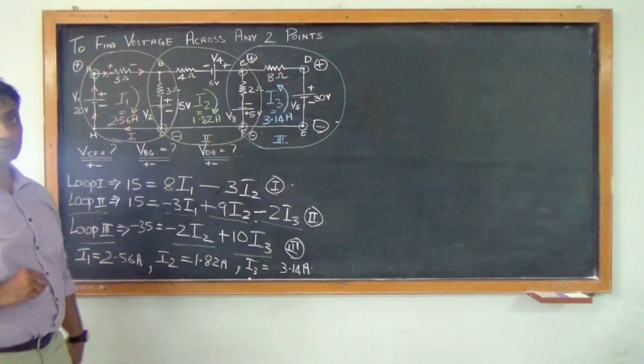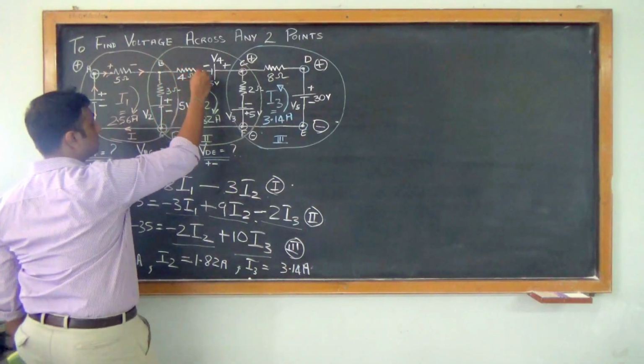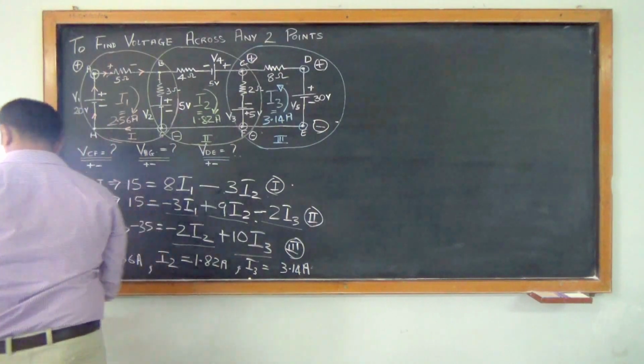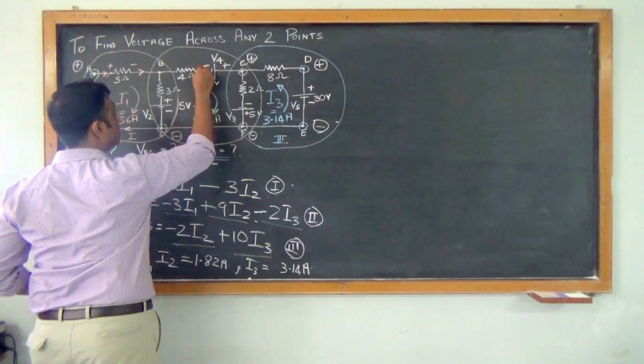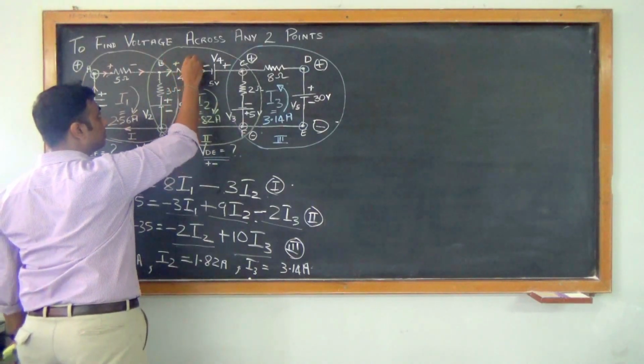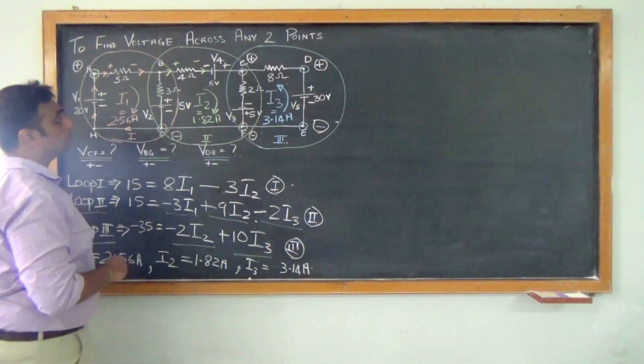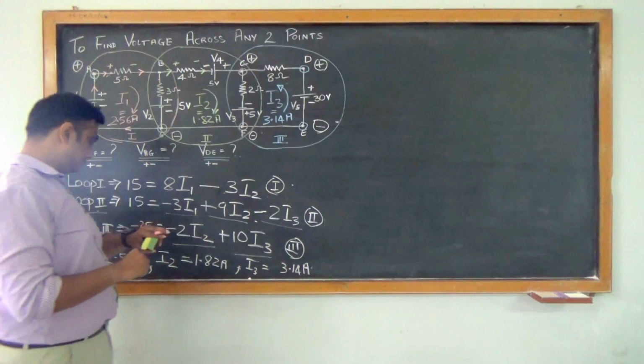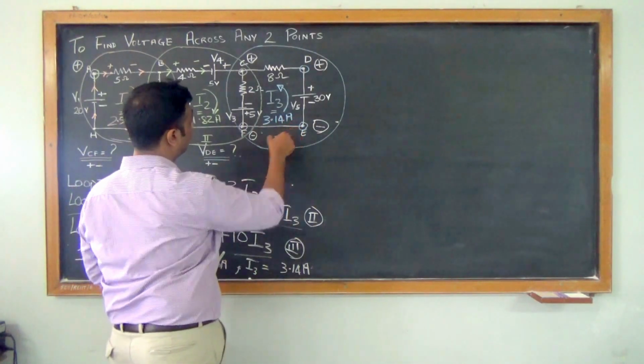Then in I2, the first terminal it touches, take a green chalk, becomes positive and the second terminal it touches becomes negative. In the same way for loop 3.